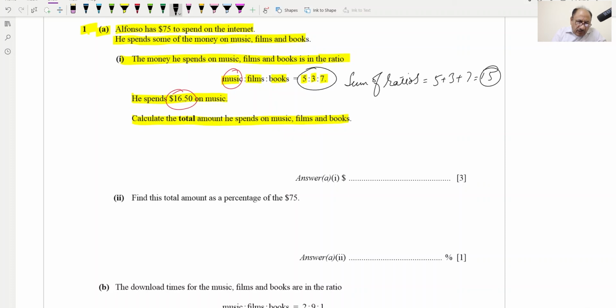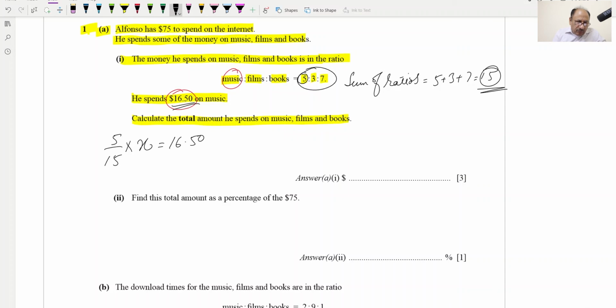Now 5 is for the music, so 5 over 15 of x is 16.50.